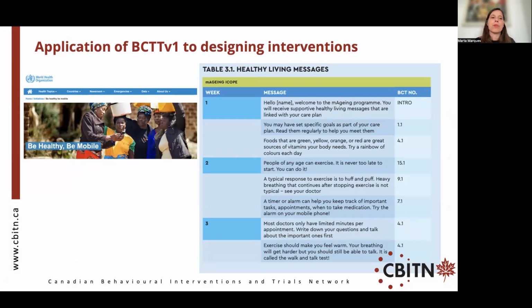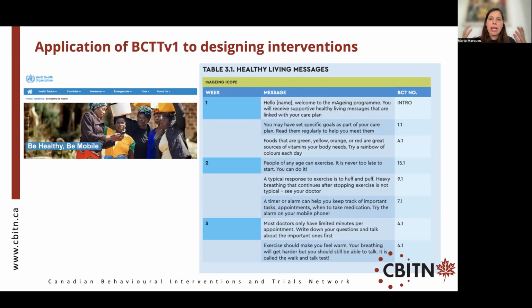And this is just an example of a program from the World Health Organization, that they have this initiative called Be Healthy, Be Mobile, which is basically interventions using text message to change all sorts of behaviors, physical activity, diet, for cancer, tuberculosis. If you go to the website, you'll see there are dozens of different programs and behaviors.